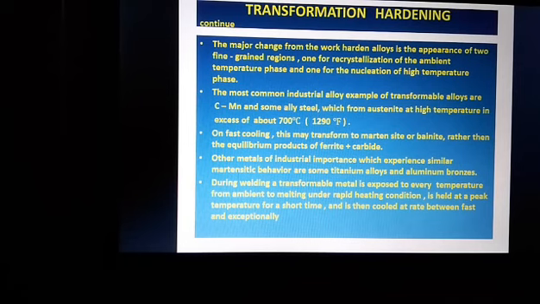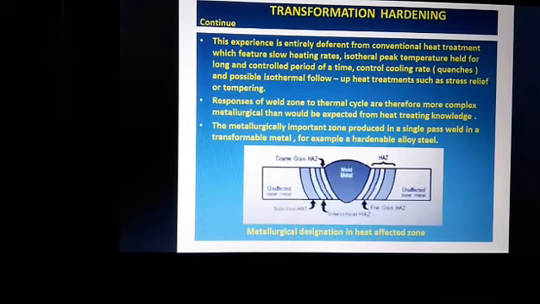During welding, a transformable metal is exposed to every temperature from ambient to melting under rapid heating conditions, is held at peak temperature for a short time, and is then cooled at a rate between fast and exceptionally fast.